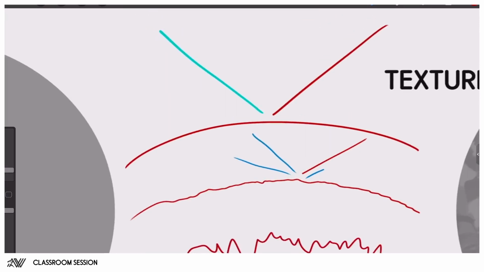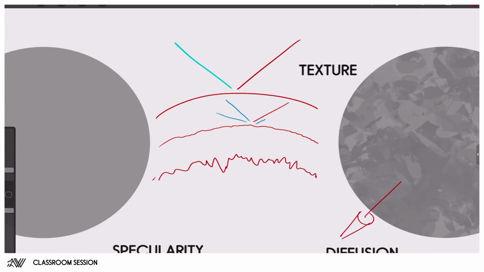Whereas if you have a very smooth surface, it's going to bounce back almost one-to-one. Not completely one-to-one, but almost. So that's what diffusion actually is. The more it literally diffuses the light or breaks up those light rays and makes them less powerful, that's when you create diffusion.